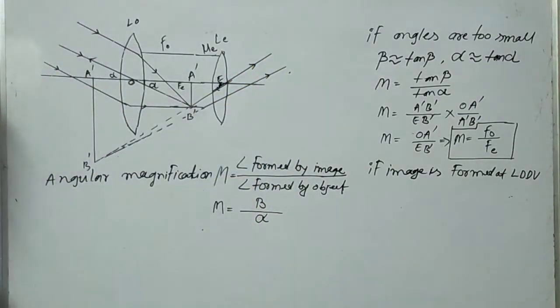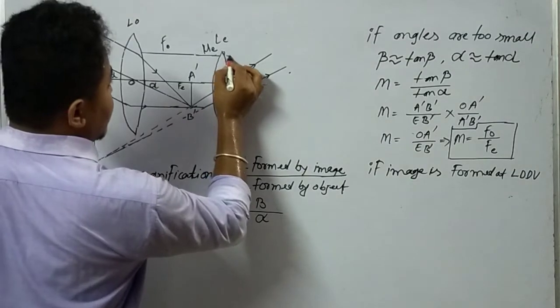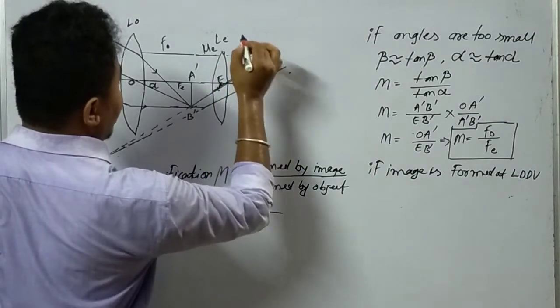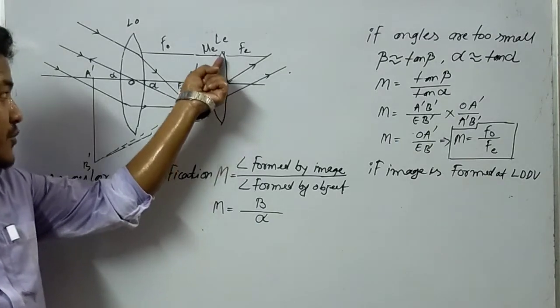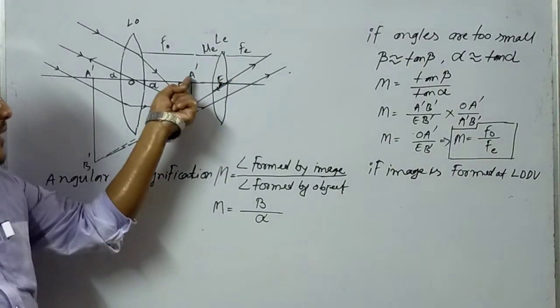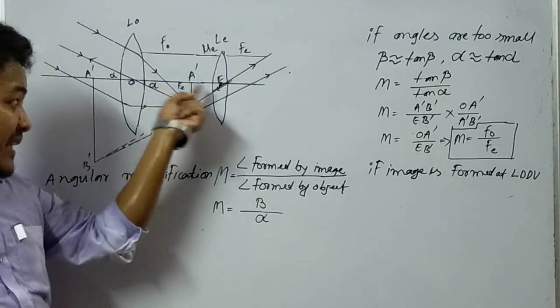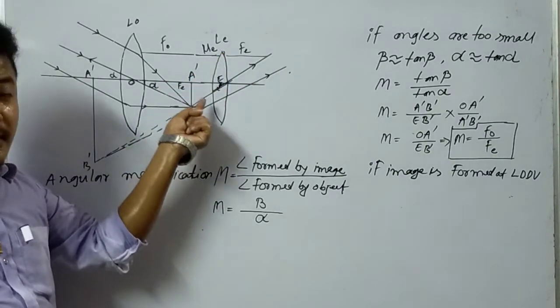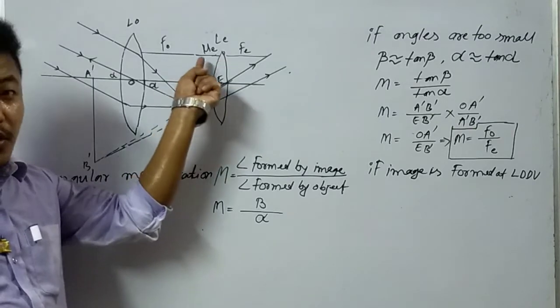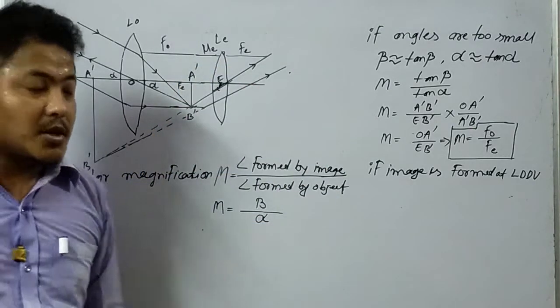Have you got the definitions now? And this was remaining as it is. This is Fe. Nothing has changed. As I have changed the position of the lens, this object has gone inside the optical center of the eyepiece and the focal length, so that this distance will be the object distance. That thing will be changed.